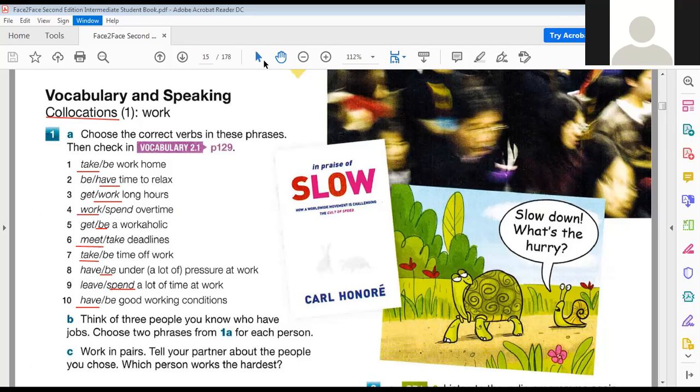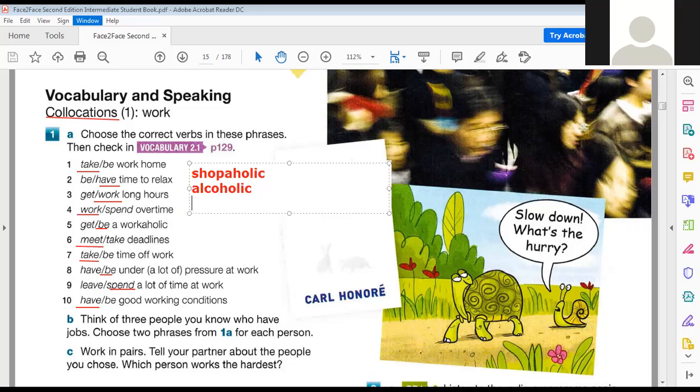Okay, what's the difference between these words, Hajar? Okay, let me change the font. It's too big. Let's use this one. Can you read all three of them?